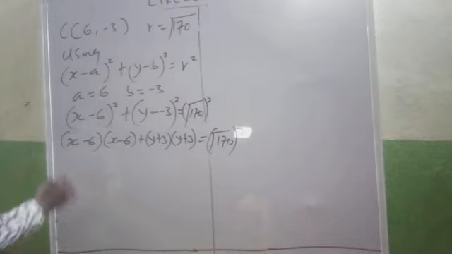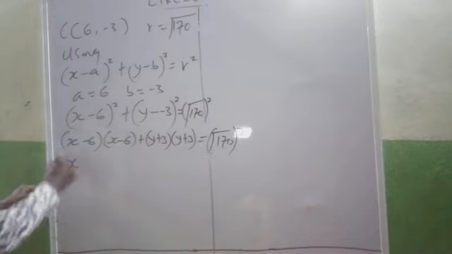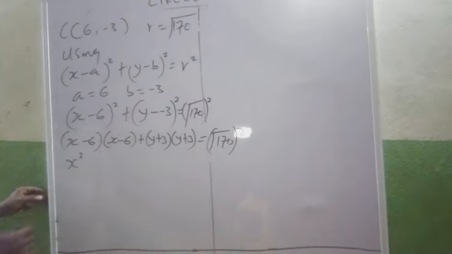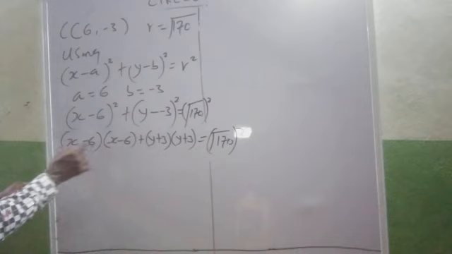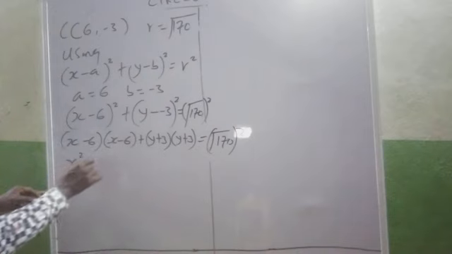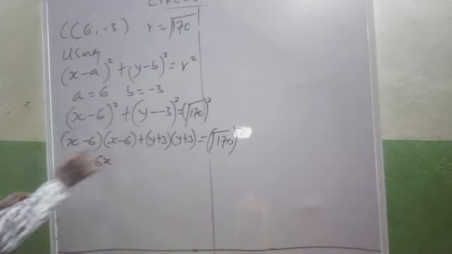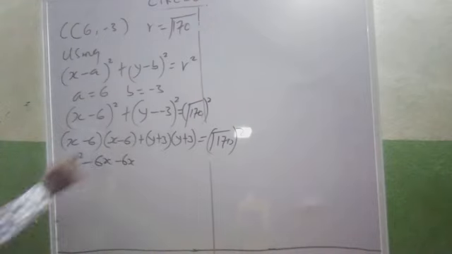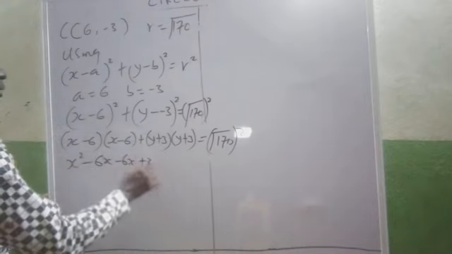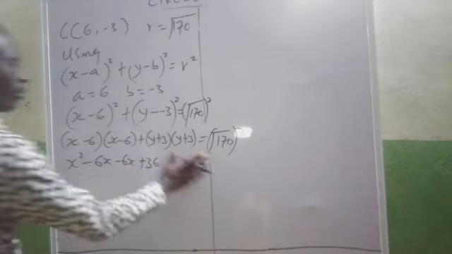So if we expand this, we have s times s is s squared, s times -6 is -6s, -6 times s is -6s, -6 times -6 is plus 36.